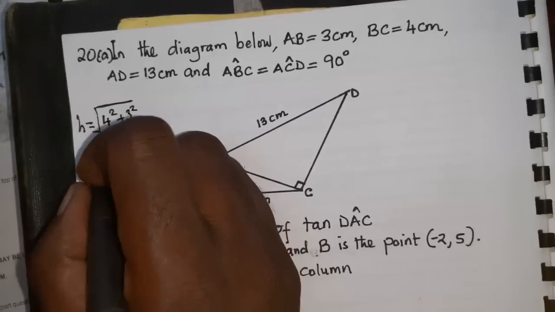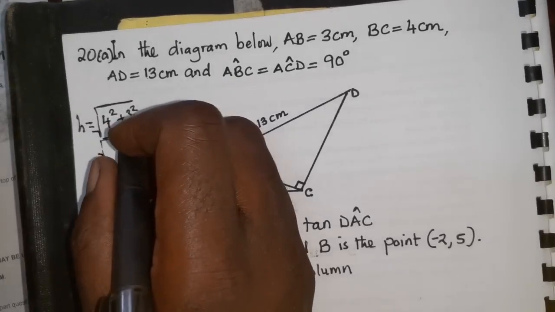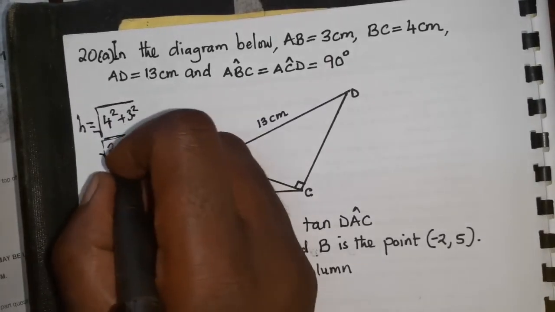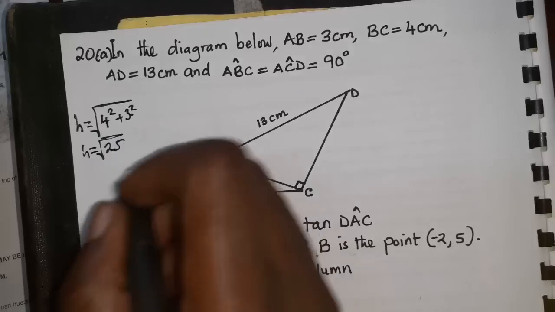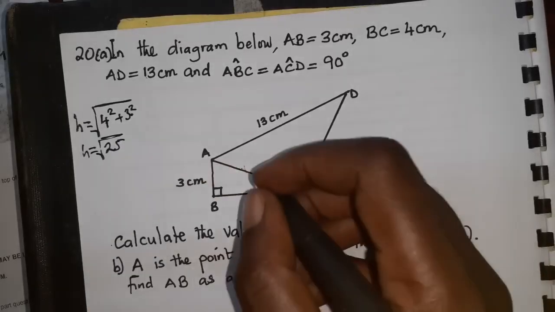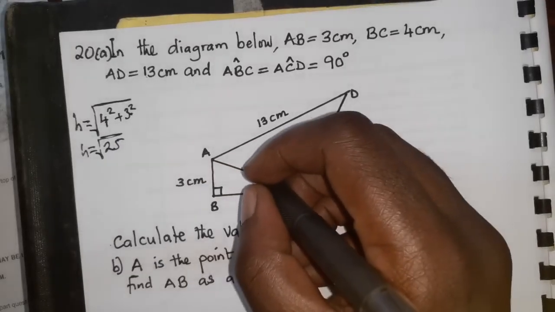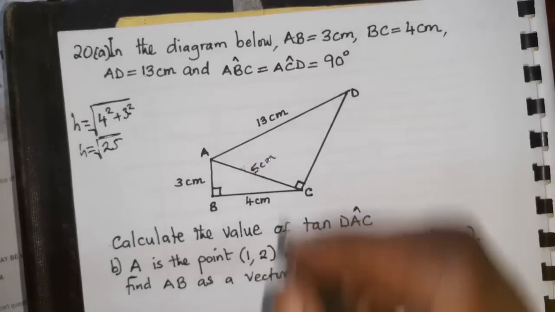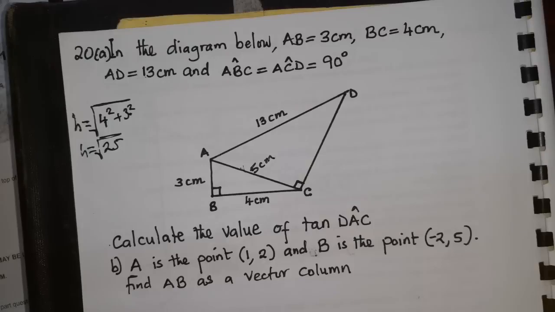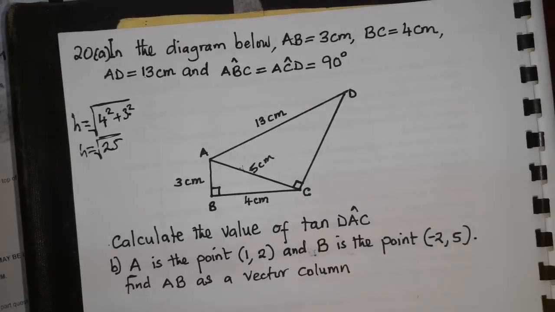This will give us 16, this will give us 9, which will be 25. The square root of 25 is 5. So this side is 5 centimeters. So take note of that.